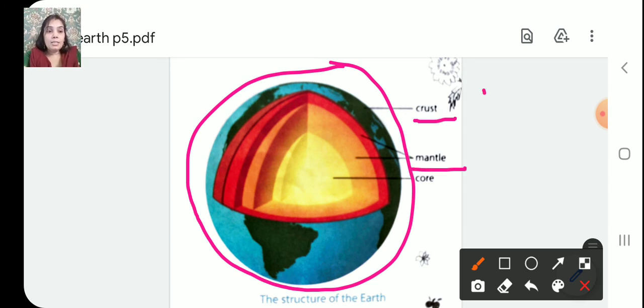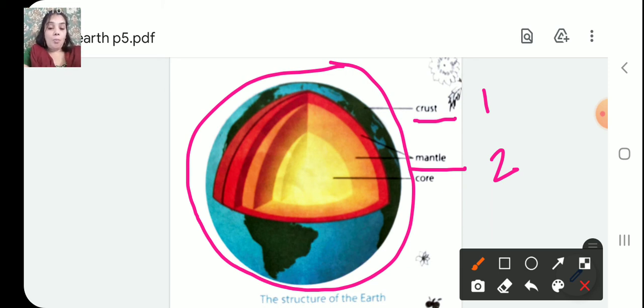Below the crust is the mantle, reaching a depth of 2,900 kilometers. So it is very deep inside the earth. The outermost layer is called the crust and a little deeper is the mantle. Due to heat inside the earth, the mantle consists of solid and molten rocks.